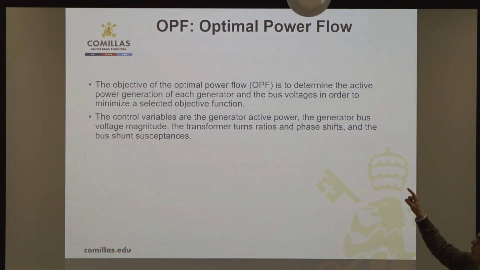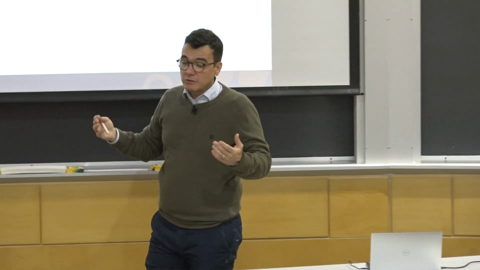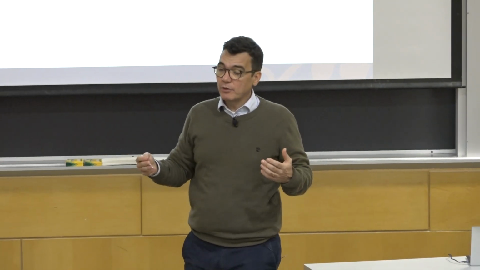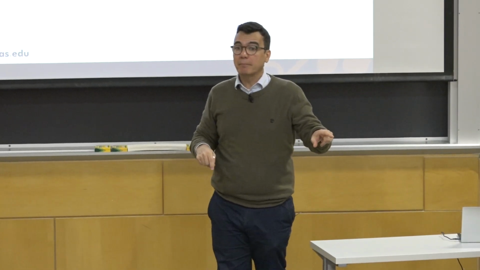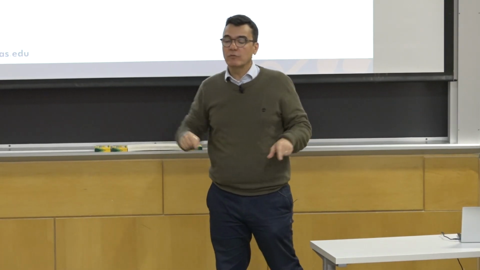So this is why we call it optimal power flow, where the objective is to determine how much power should be produced by every generator and what voltage should be established as a set point to them in order to minimize a given objective function, typically the total operational cost, while respecting all the generator's constraints, but also the transmission limits of my system.